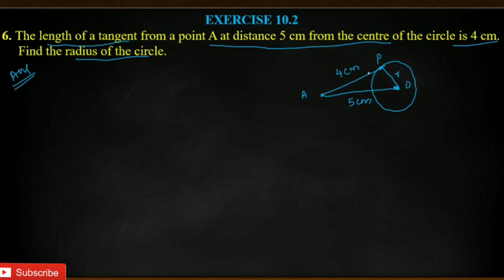We know that radius always makes 90 degrees with the tangent. So opposite the 90 degrees is the hypotenuse. So OA is the hypotenuse. This is very easy to go. So here the inner triangle is APO. Here P is the 90 degrees. I'm going to use the Pythagoras theorem.